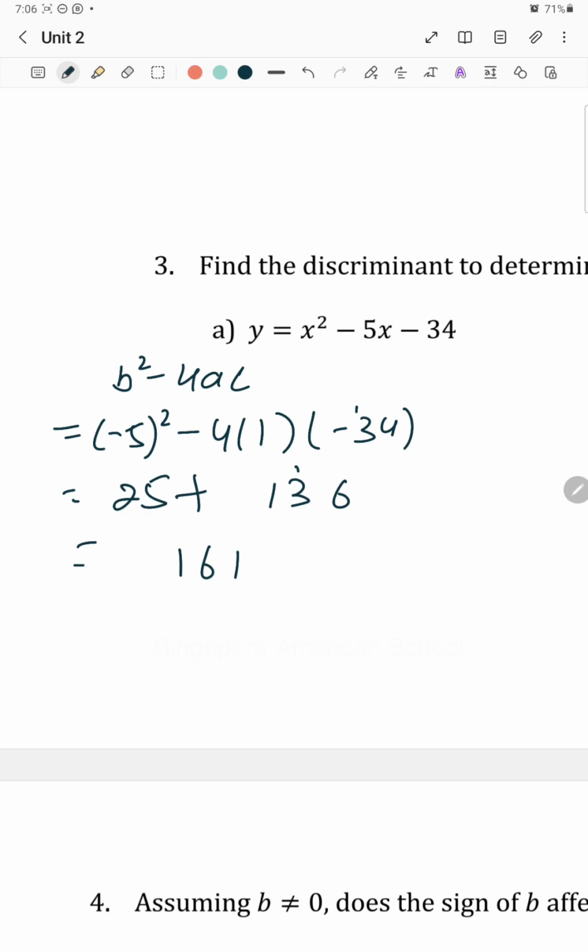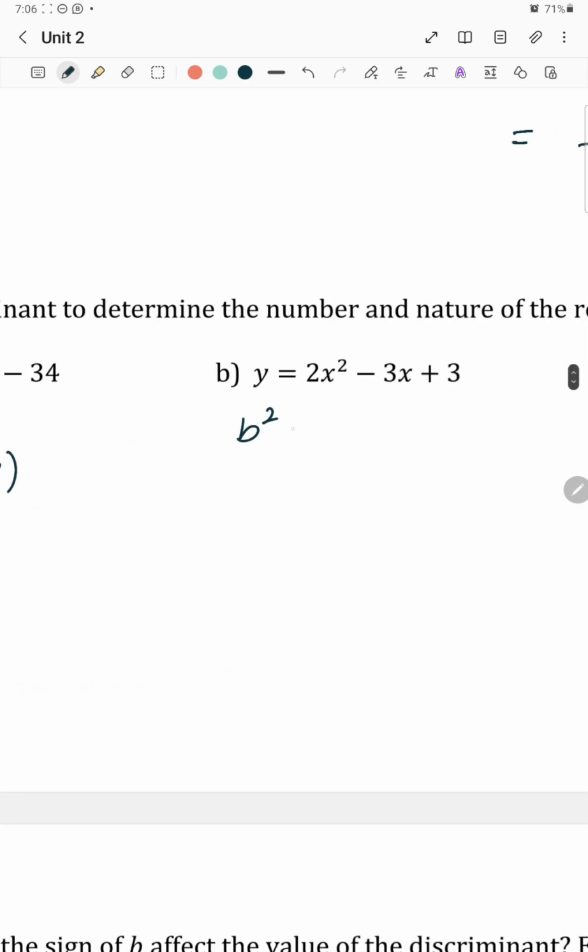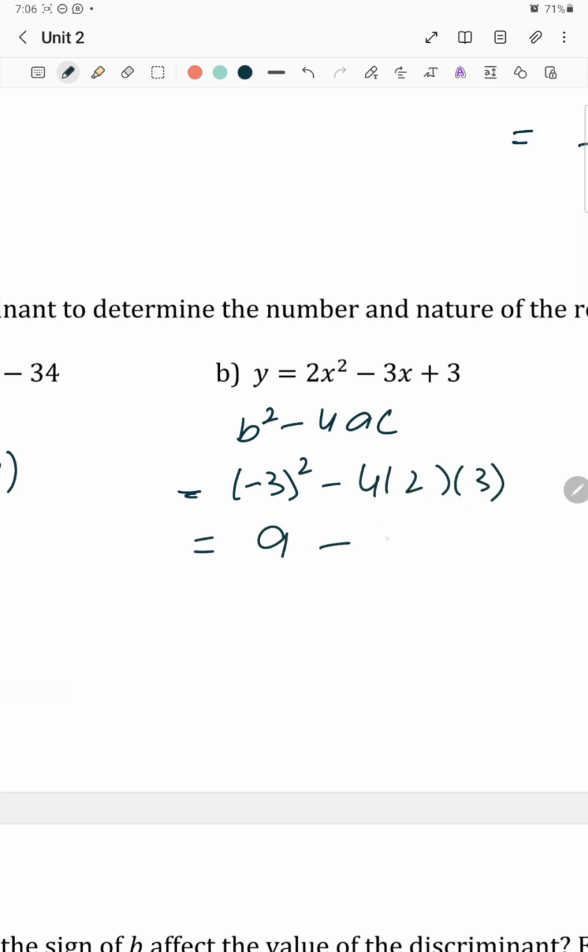So it's giving two real roots. B squared minus 4ac, which will be equal to minus 3 squared minus 4ac, 9 minus 4. Negative means no real roots.